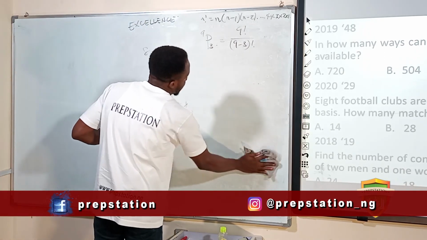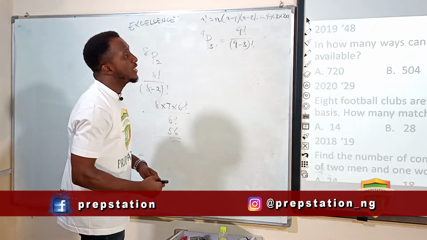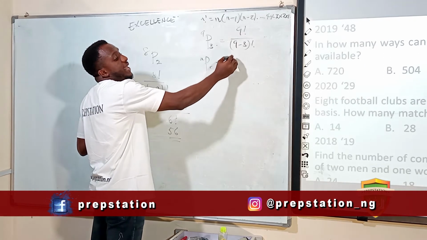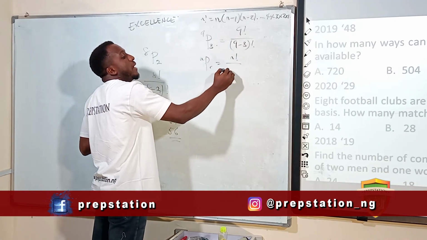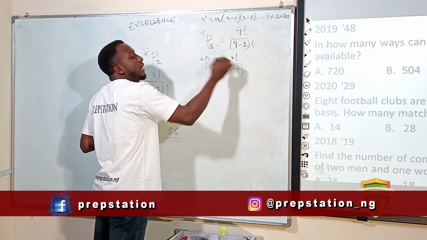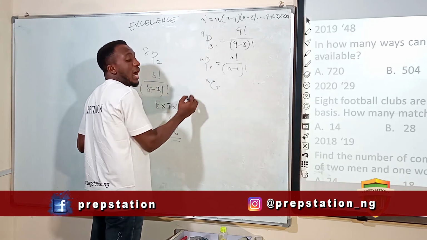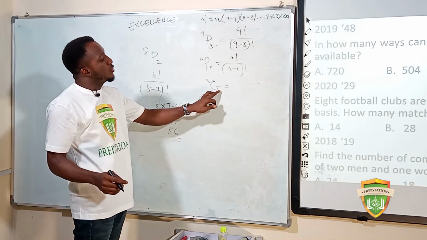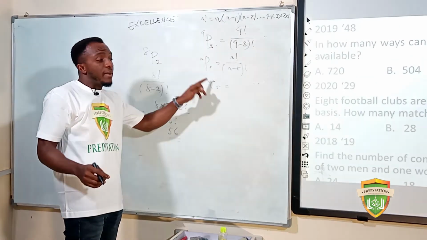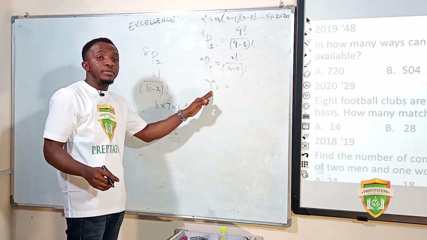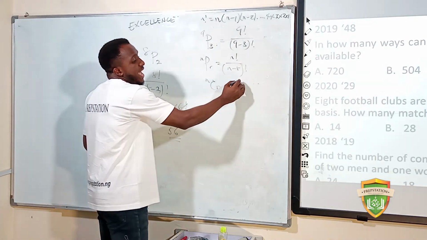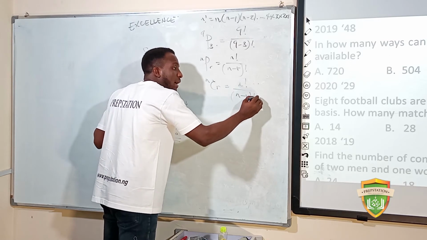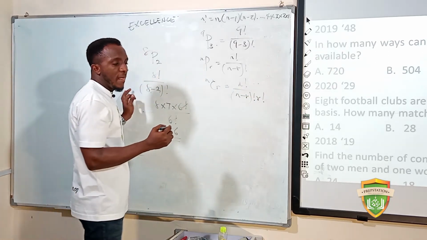Before we do that, let me give you the formula for combination. If n permutation r is simply n factorial over n minus r factorial, n combination r would be, now what does this mean? This is how do you select r from n? Remember I said combination is selection. So this is n factorial over n minus r factorial, r factorial.